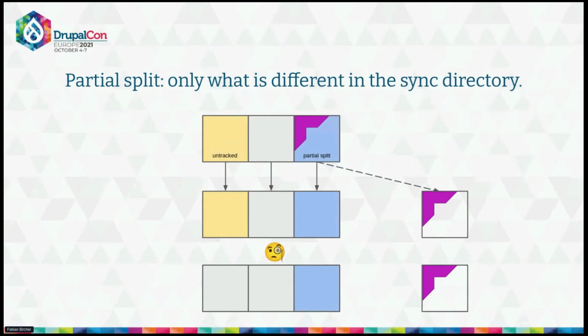You see the yellow is still yellow, but if you compare the bottom blue and the middle blue, they're the same, because the partial split makes the export look the same as the sync storage. And whatever is different between the active one and the sync storage gets saved as a patch in the split.